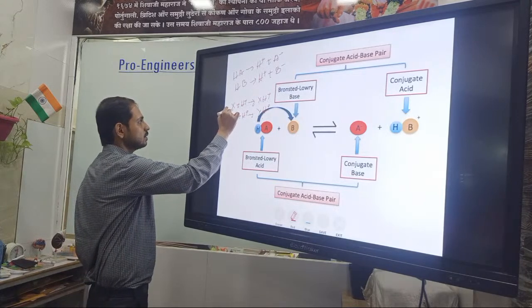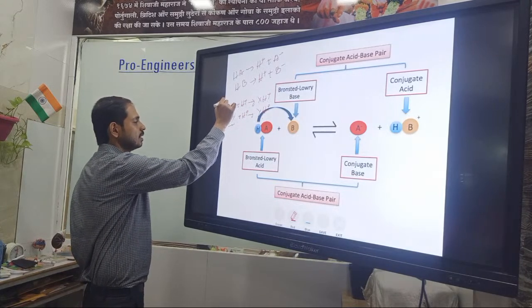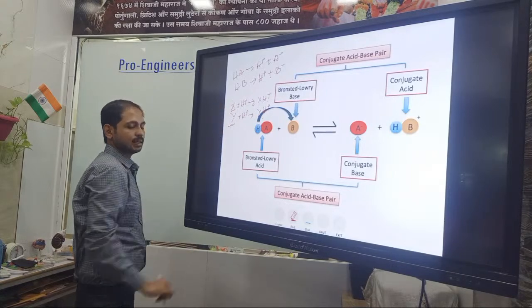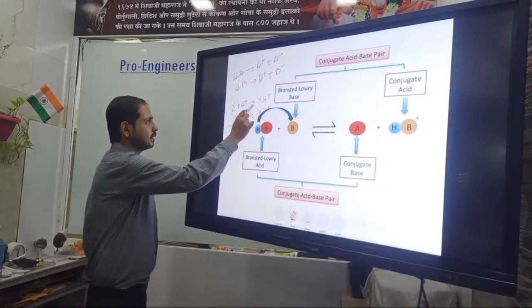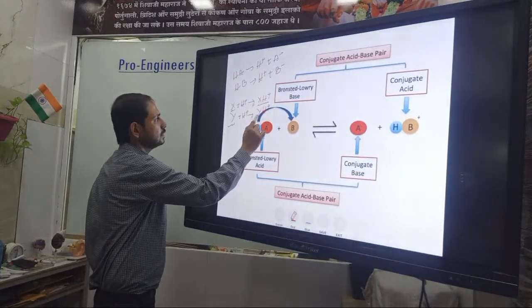If somebody asks you to compare the basicity of these two, X and Y, or which one is more basic, then we have to compare the stability of their conjugate acids.